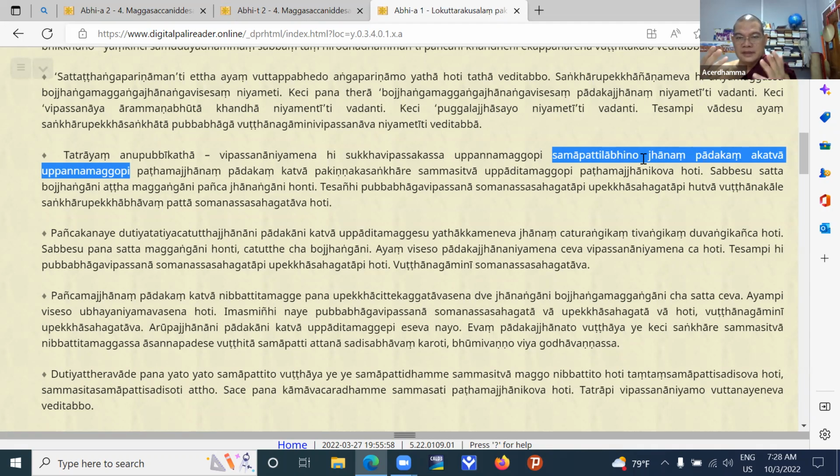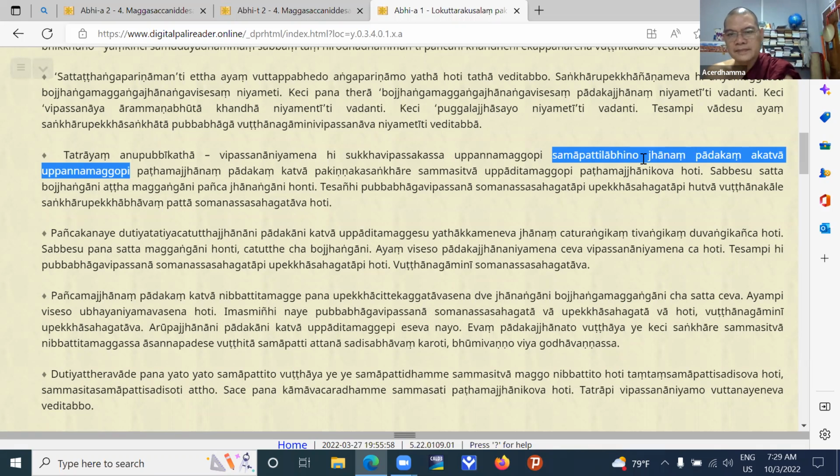After he emerged from the jhana, he takes another object. The third person, after he emerged from the jhana, he is still with the jhana as the object. Yeah, so I'm talking about the second person, who is jhanaṃ pādakaṃ akatvā, which means he doesn't enter into jhana.